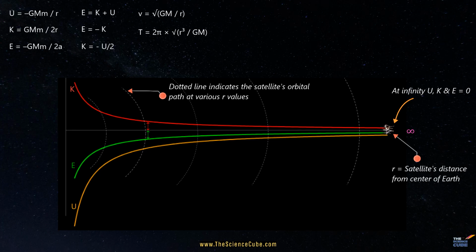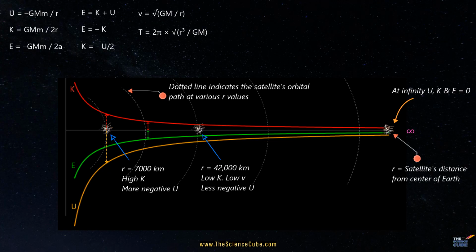So if you take a satellite at low Earth orbit, say R equals 7,000 kilometers, it would have much more negative potential energy and higher kinetic energy than one at geosynchronous orbit, which typically is at about 40 to 42,000 kilometers, where everything moves more slowly and has less negative energy values.